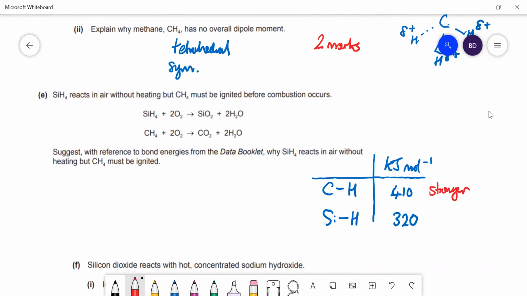And so the activation energy for the reaction is going to be greater. There is a greater activation energy required to break the carbon-hydrogen bond, and so that's why the silane is more reactive.